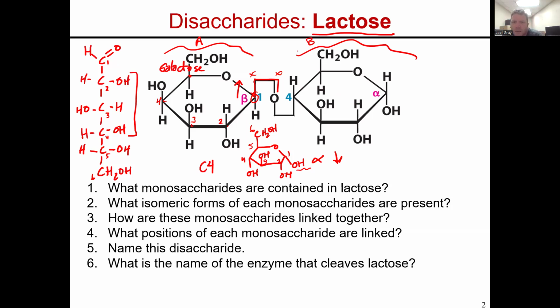On the right-hand side, my B sugar, carbon number 1, that's the same. Carbon number 2, that's the same. Carbon 3, the same. Carbon 4, this is going down, so that's the same. So lactose. Question number 1, what monosaccharides are contained in lactose? Galactose and glucose.